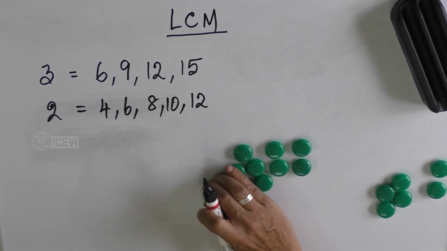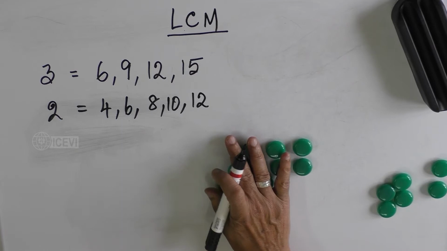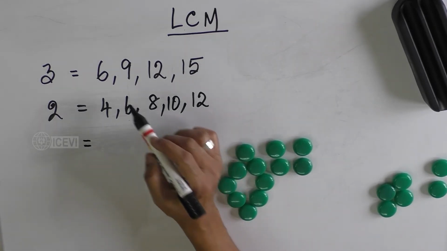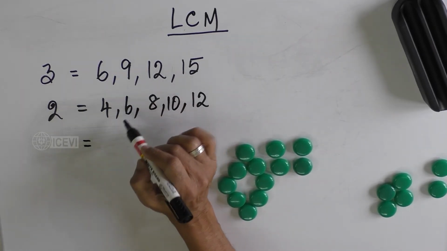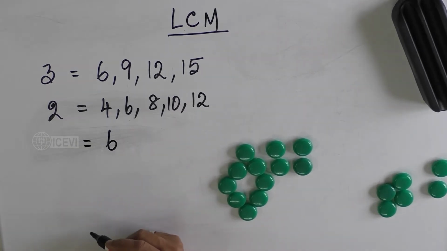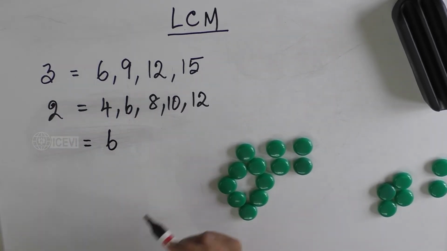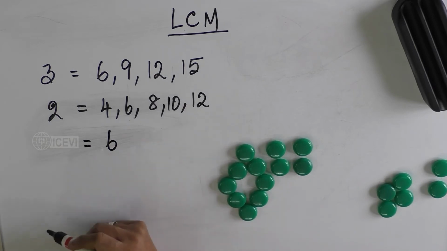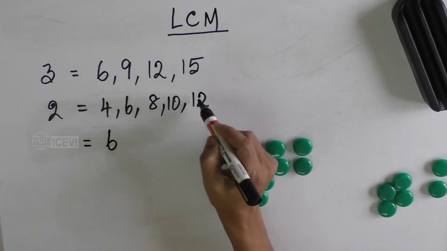Now we have to find out the least common multiple. What are the common multiples? 6 is a common multiple. 6 is a common multiple for 2 and 3. Now what is the next common multiple? 12 is the common multiple.